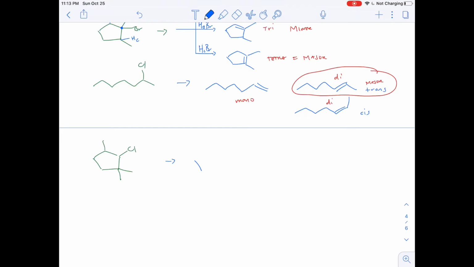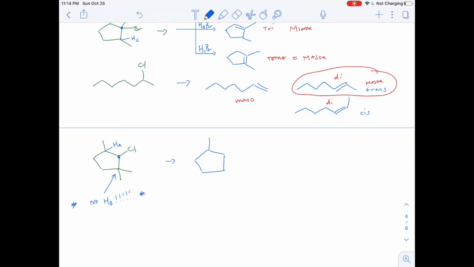So this last one right here, it is a secondary alkyl halide. And this one's a good one, so I really want you to focus on this one because we have a beta hydrogen on the left, but we do not have a beta hydrogen on the right, or like below that alkyl chloride.